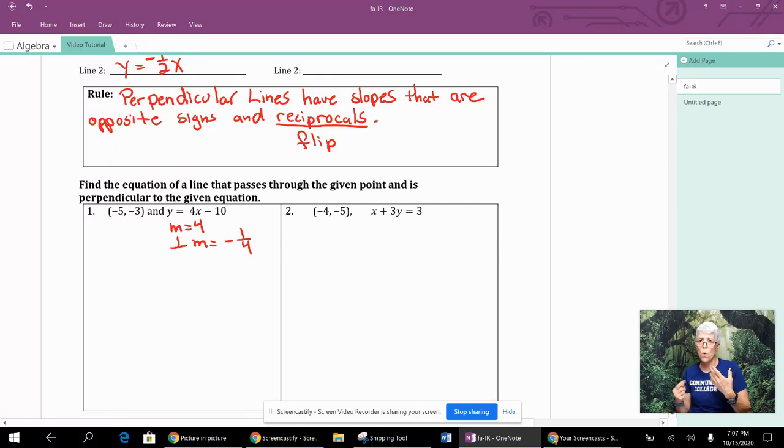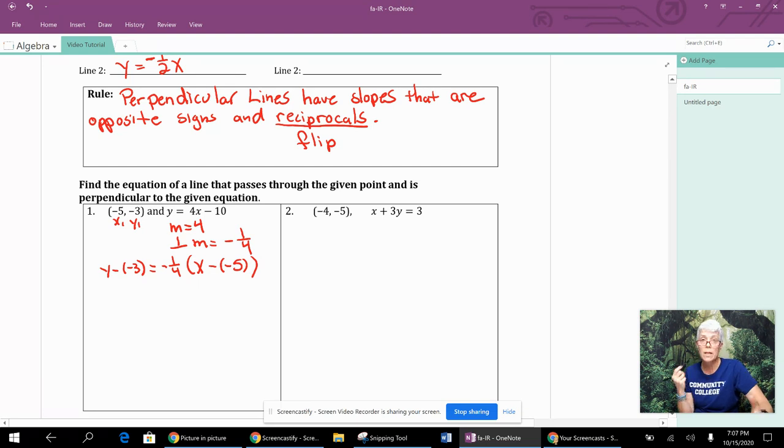That means something in y equals mx plus b form. So I'm going to go ahead and name, this is my x and my y, and I'm going to use the point-slope formula. So I have y minus a -3 equals my -1/4 slope, x minus a -5.